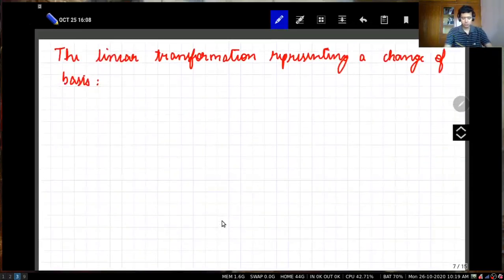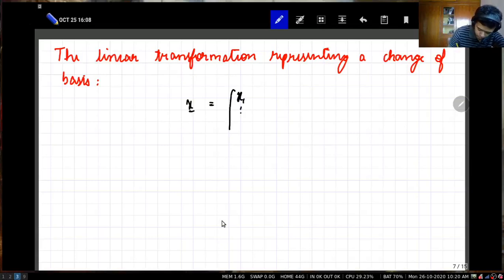So first let's see what is a linear transformation which represents a change of basis. So suppose that we have a vector x which has coefficients x1 through xn relative to the standard ordered basis. Okay, so x1 through xn are the coefficients of x corresponding to the standard ordered basis vectors.